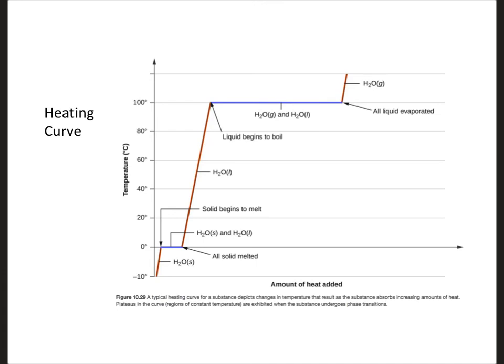So when we think about that in terms of a heating curve, we can break out those different steps. We could compare a heating curve going directly from a solid to a gas to that same curve for going solid to liquid, liquid to gas.